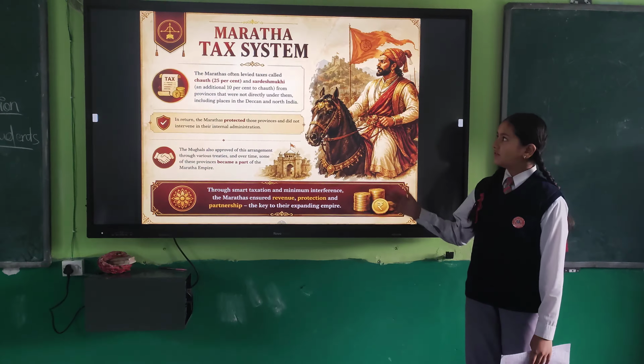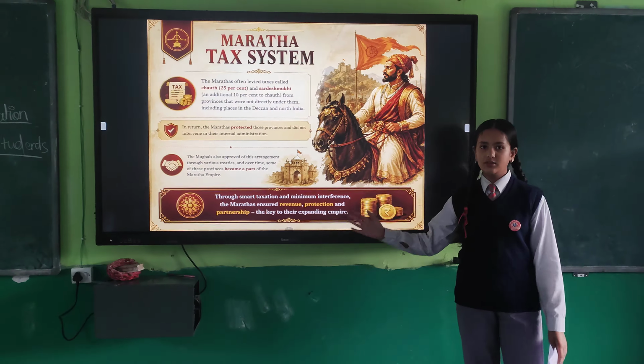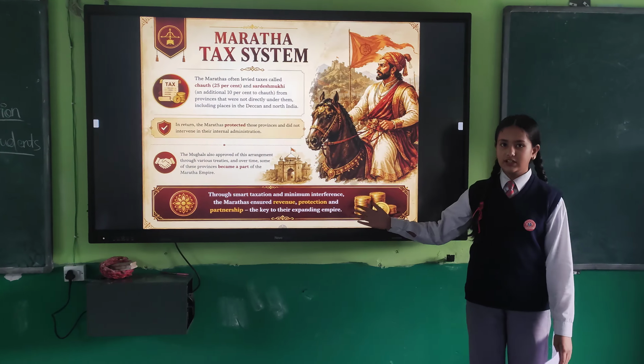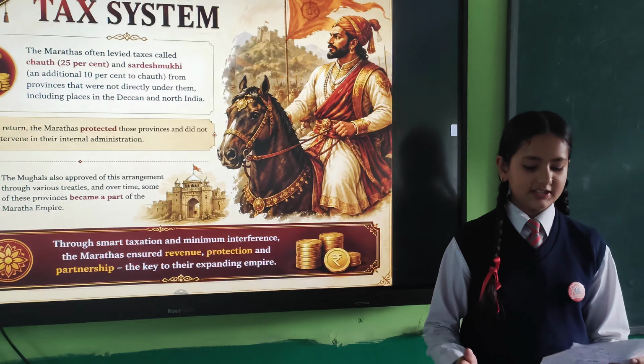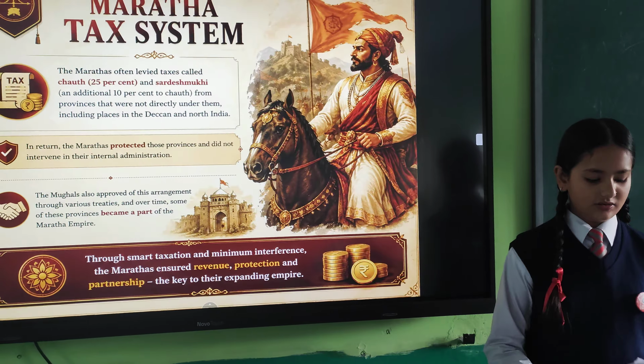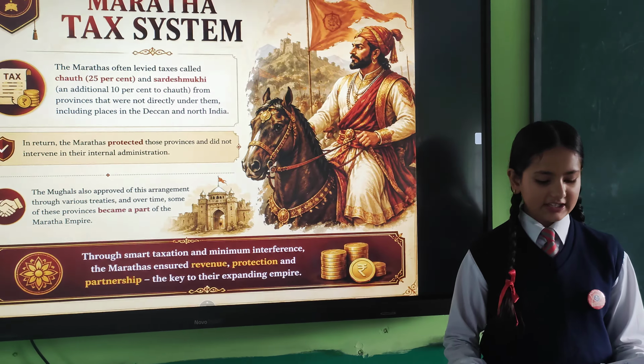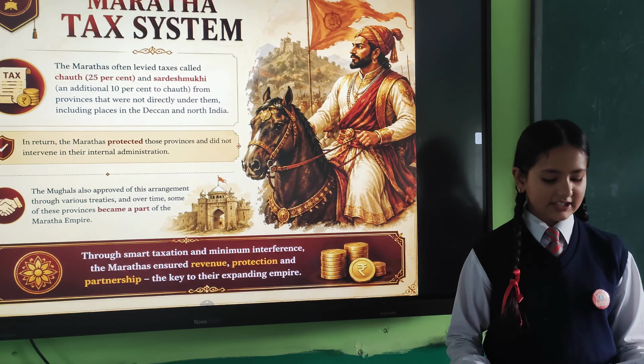the part where we will understand how the Mughals collected taxes from the people under their rule. The Marathas collected 25 percent and Sardeshmukhi an additional 10 percent from provinces that were not directly in their rule. In return, they protected those provinces and generally did not interfere in their internal administration.